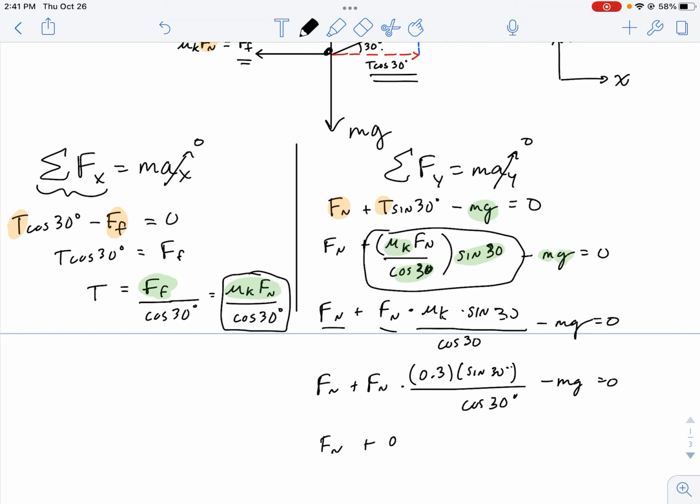So I get Fn plus 0.173 Fn, and I'm going to move mg to the other side.